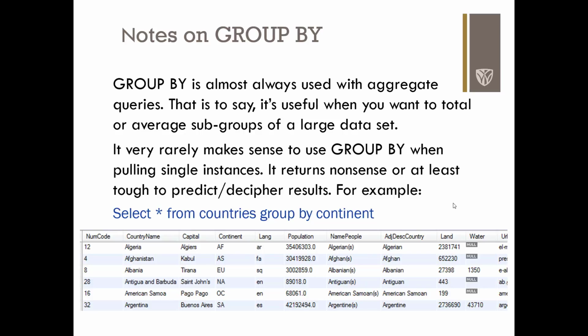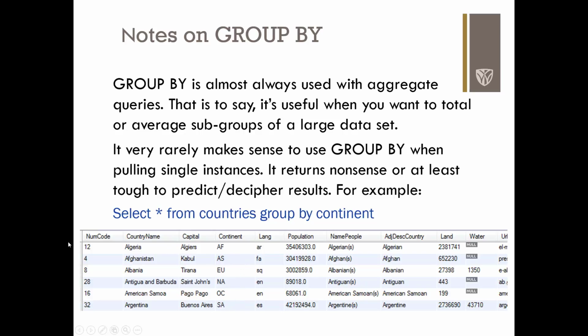For example, in assignment 1 that you're going to be turning in for me, we've got a list of all countries, and we've got information such as the name, capital, continent, the language that's spoken, the population of the country, and so on. Well, if we issue this query, select star from countries group by continent, it gives us each continent listed once.